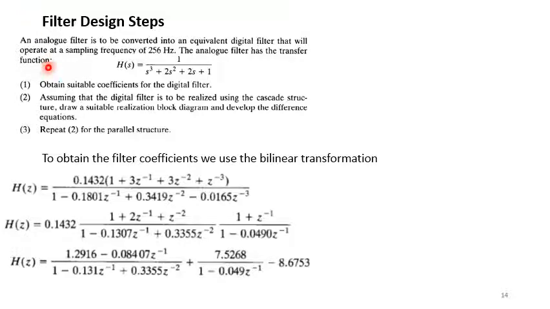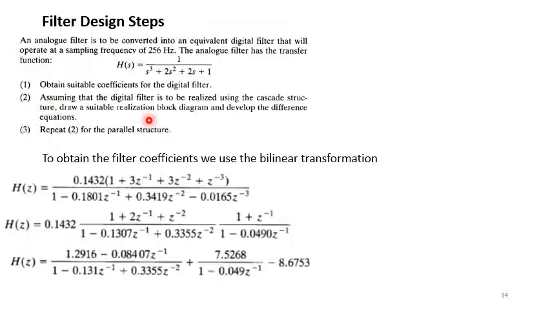So let's have an example. We need an analog filter to be converted into an equivalent digital filter that will operate at a sampling frequency of 256 Hertz. The analog filter has the transfer function H(s) equal to this one. First, we need to obtain suitable coefficients for the digital filter.